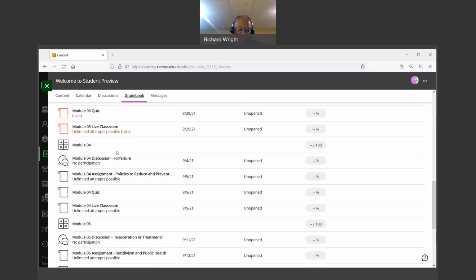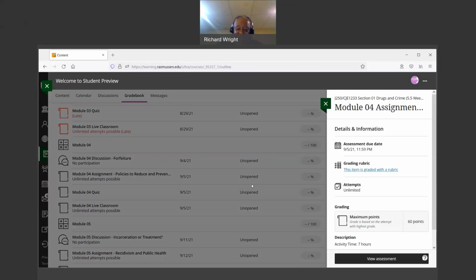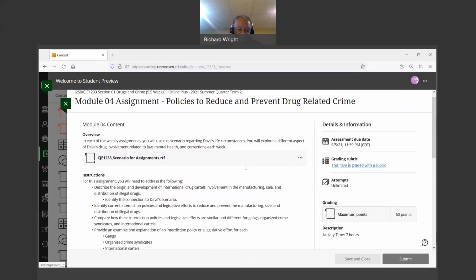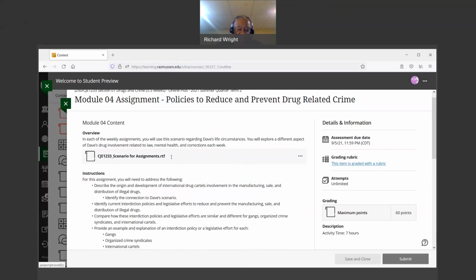One of the things I want to show you in the grade book is the assessment, which is making sure that you include this scenario for Dave in there.